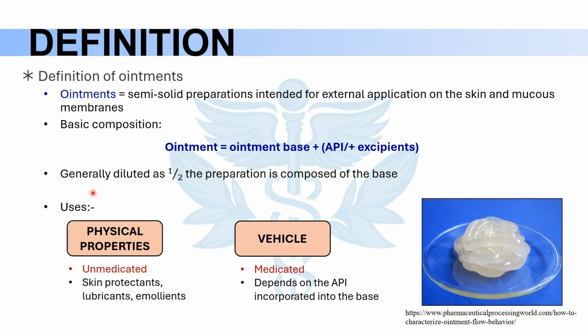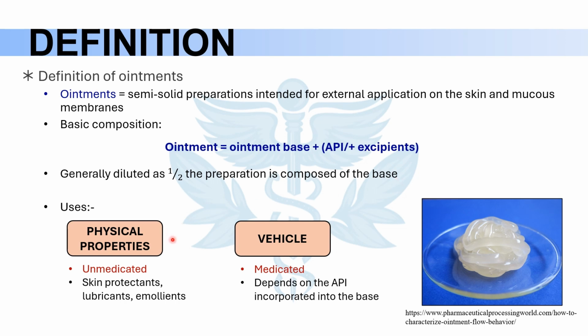Right. Ointments are generally diluted as half the preparation is composed of the base. As I said, the majority of the ointment is composed of the base, and therefore, even if we were to add active constituents or excipients, the preparation would still generally be considered diluted.